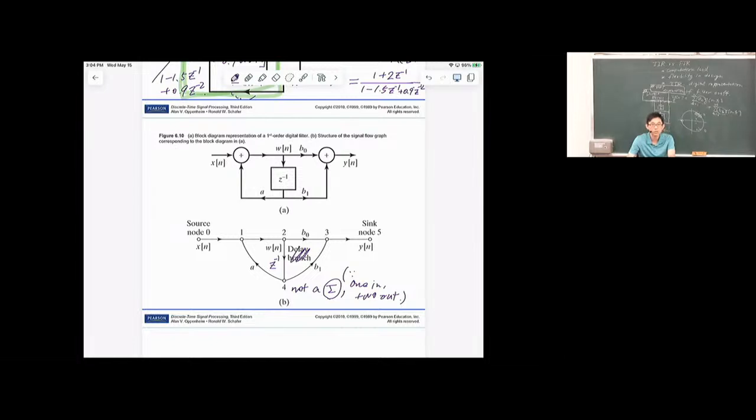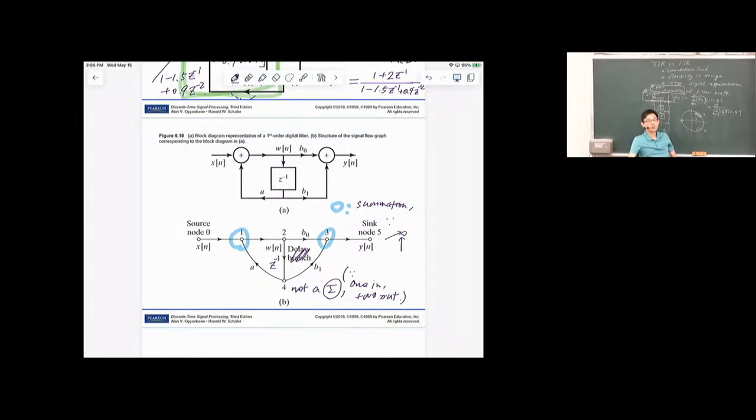But here we have summation and summation, because multiple branches flow into the same node. So that's a simpler way of drawing.